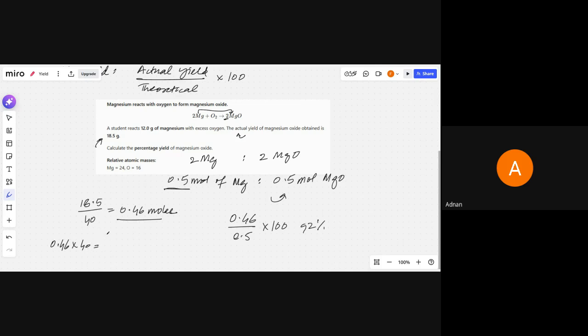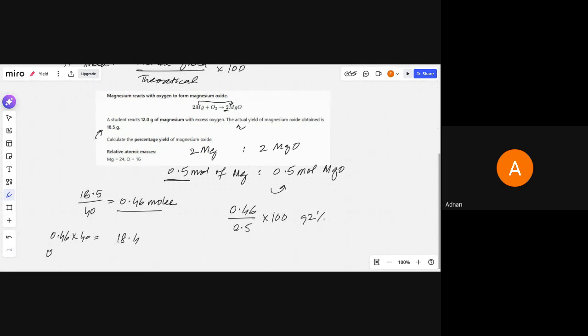That's 18.4, which is given in the question as well. And 0.5 times 40 gives me 20. I think it will be the same.